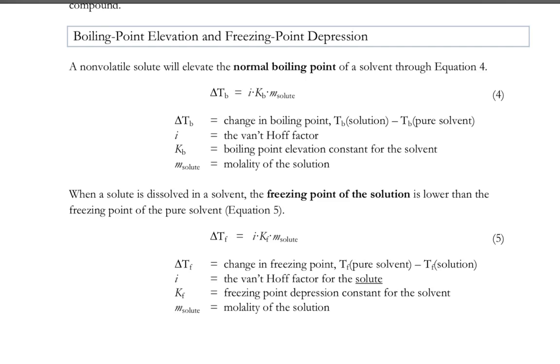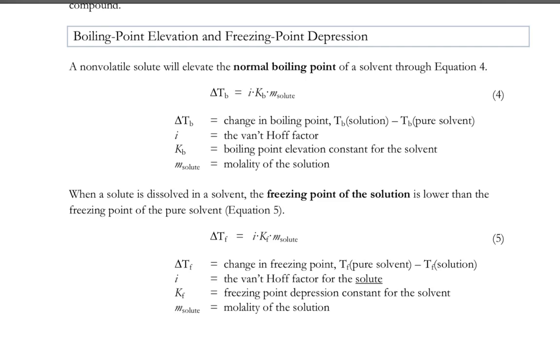When a solute is dissolved in a solvent, the freezing point of the solution is lower than the freezing point of the pure solvent. So boiling point is raised, freezing point is lowered by the addition of a solute. So delta T sub F equals i K sub F m of the solute.